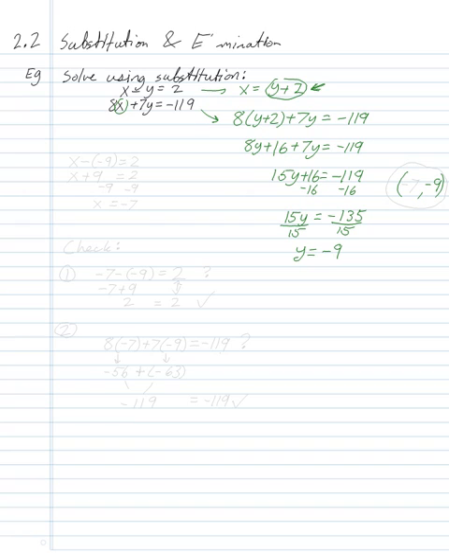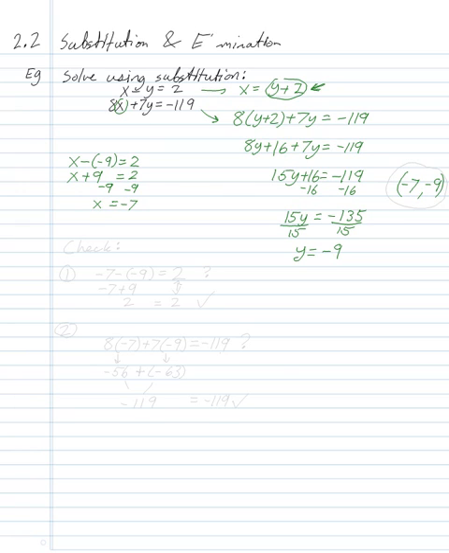So if we reverse substitute y equals negative 9, I see that that results in the implication that x plus 9 equals 2. If I subtract 9 from both sides, I see that x would appear to be negative 7. So that would be our solution.